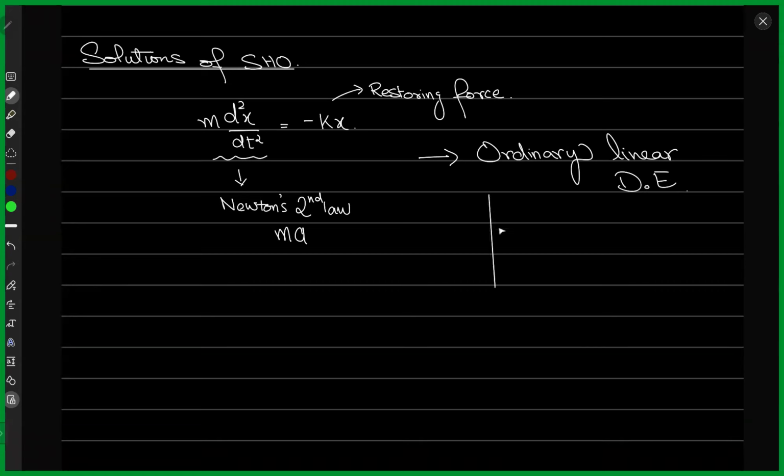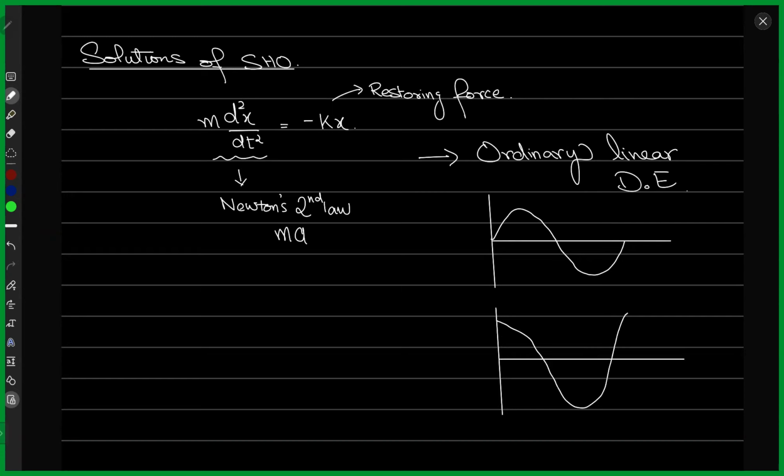And we talked about those functions. They are sine and cosine functions. So if this is a sine, this is a cosine function. These are the functions that repeat their shape after some intervals. So the solution should look like either one of those.